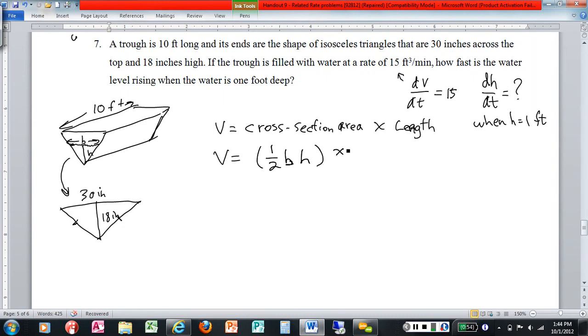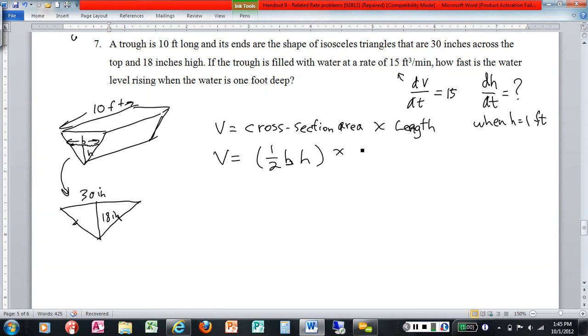And then the length. The good thing about the length is, as you go up and up with the water level, isn't the length staying the same? I can substitute that in because the length is constant.